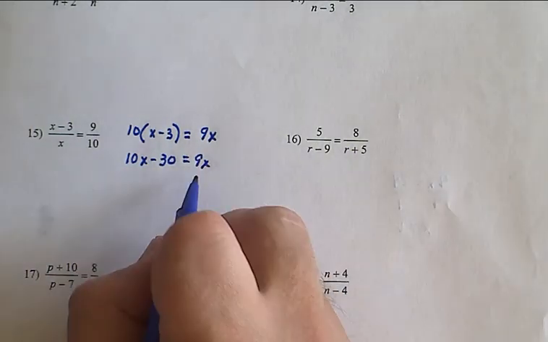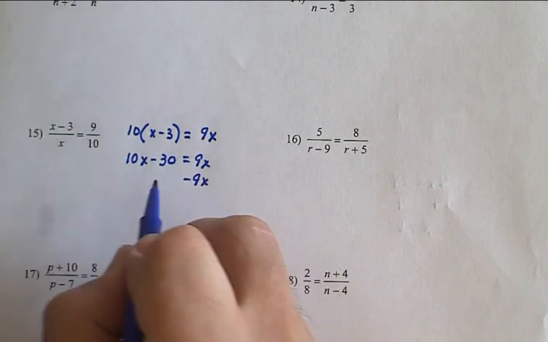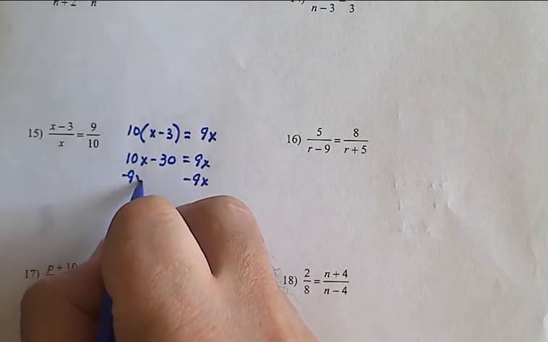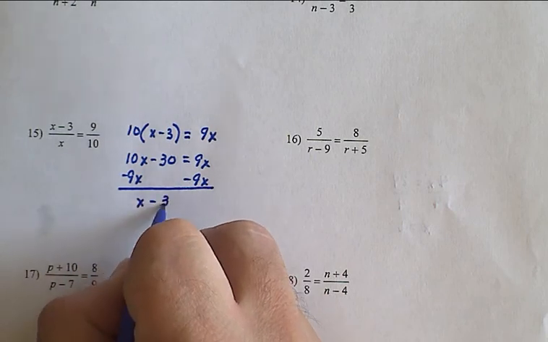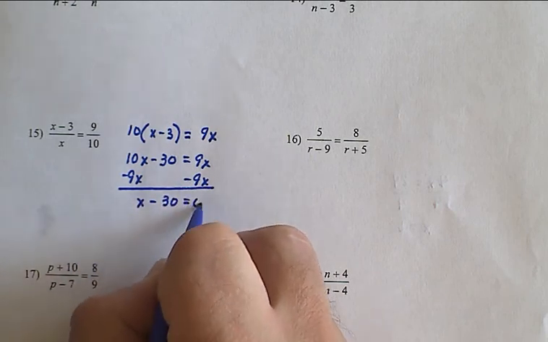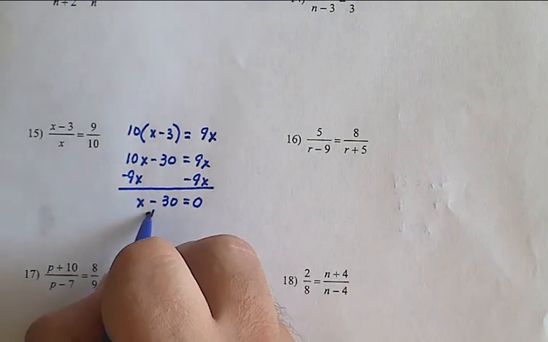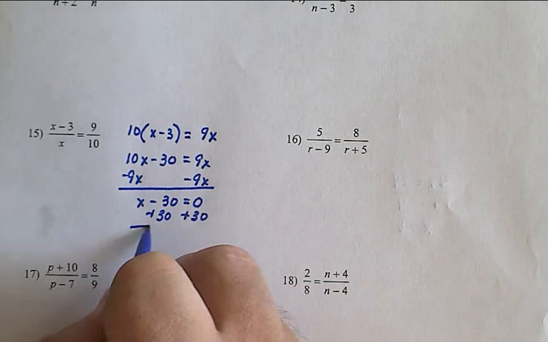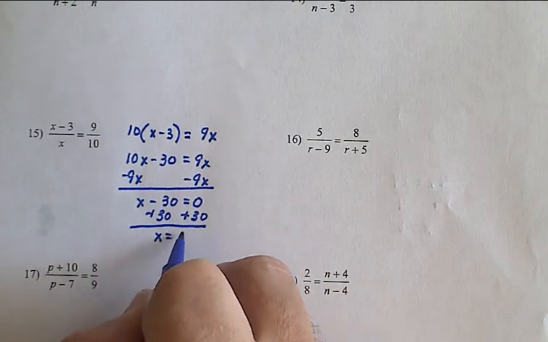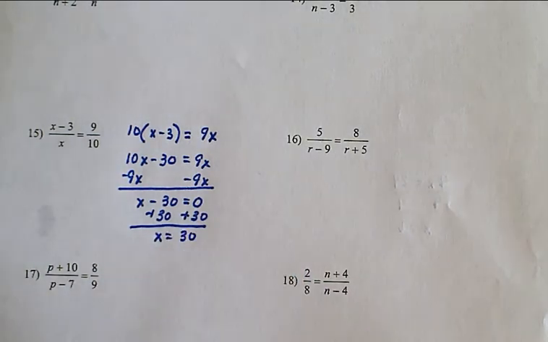So I'm going to subtract 9x and bring it over here. So x minus 30 equals 0. Move the 30 to the other side. So x equals 30. There's your answer. Again, show your work. I want to see all that stuff.